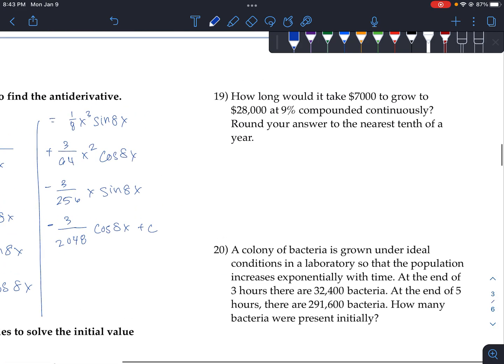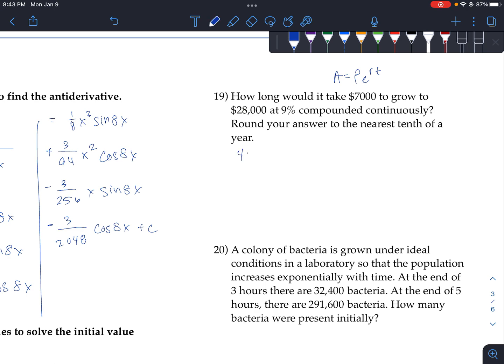Okay. Coming up here, how long would it take $7,000 to grow to $28,000 at 9% compounded continuously? So A is equal to P e to the rt. I believe that should just result in 4, because that's 4 times larger than that.